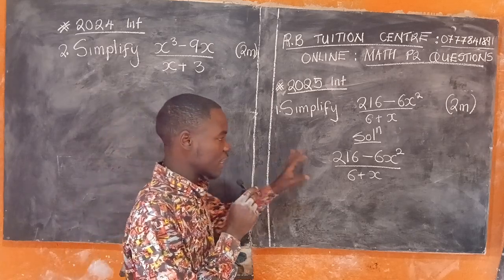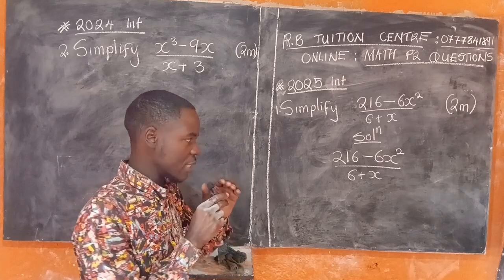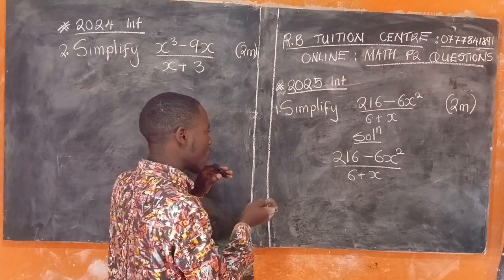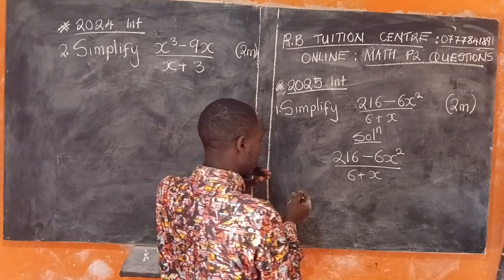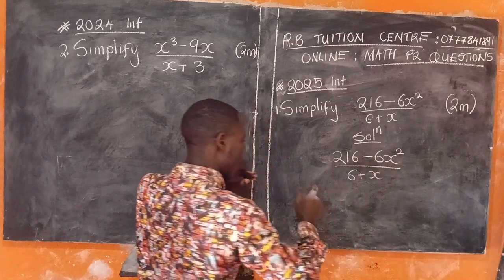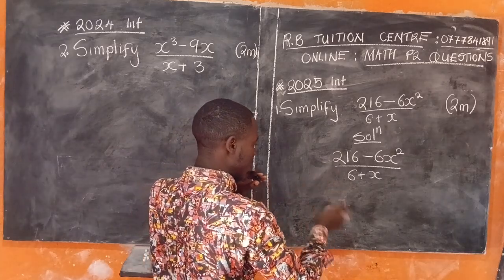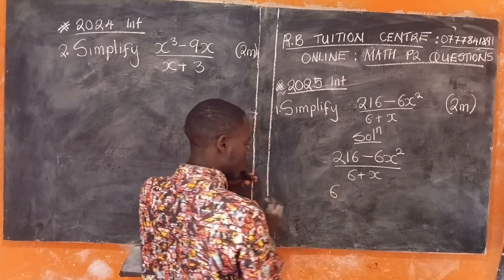If we look at the numerator, we can factorize it. How do you factorize? You consider the number that can go into 16 and the number that can go into 6 itself. The number that can go into both is 6, so we write 6.